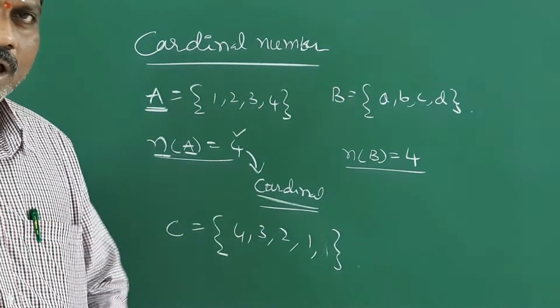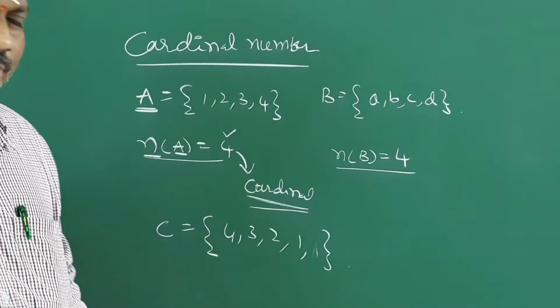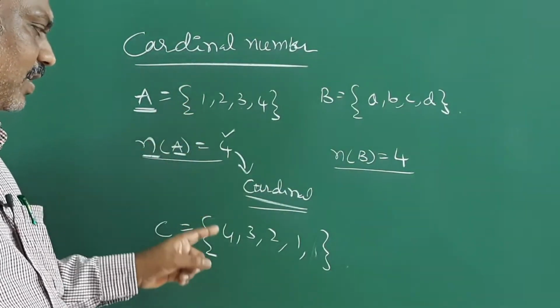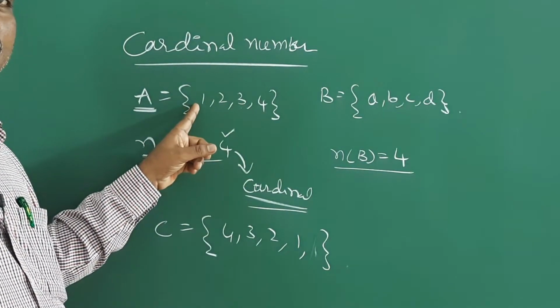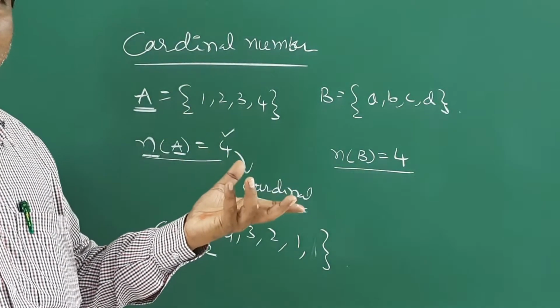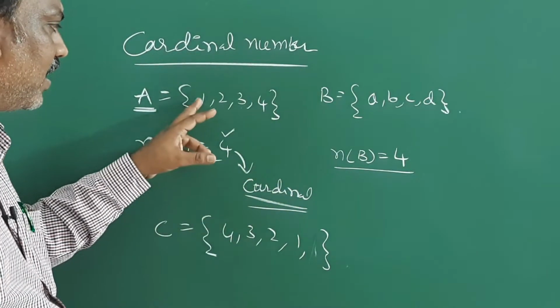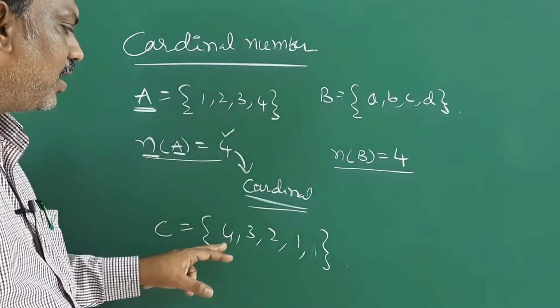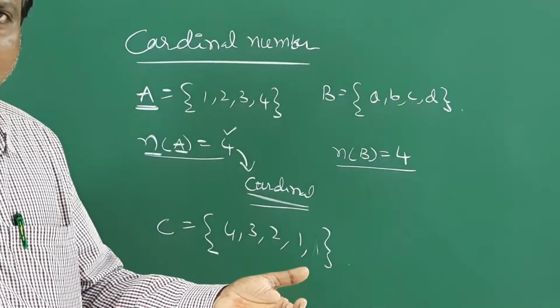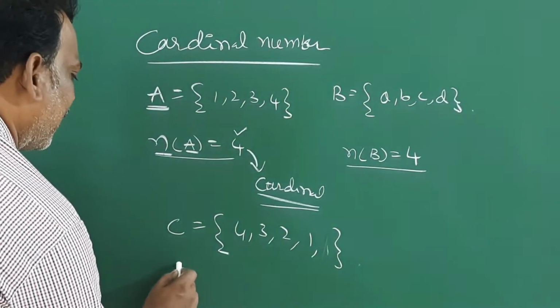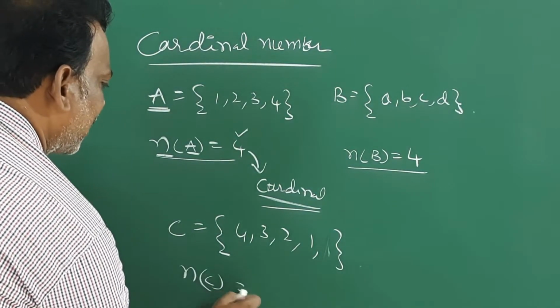Second one is order is immaterial, whether you start with 1, or 4, or 3, it is immaterial. Here also 1, 2, 3, 4, here also 1, 2, 3, 4 only, but order is immaterial and repetition is not allowed. Now you can see that the number of elements in set C is also 4 only.